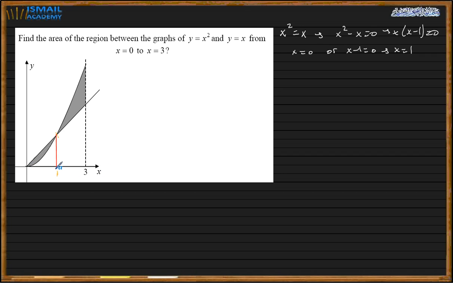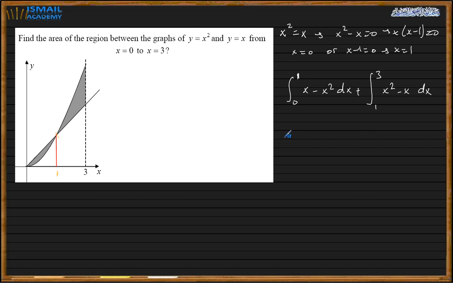From 0 to 1 we have the line above the quadratic, and from 1 to 3 the quadratic is above the line. So this is how we set up the integral. From 0 to 1 we have x minus x squared dx, plus from 1 to 3 we have x squared minus x dx.